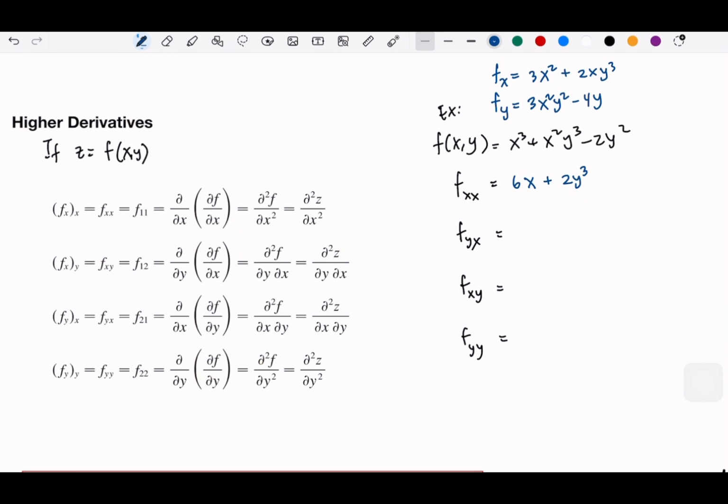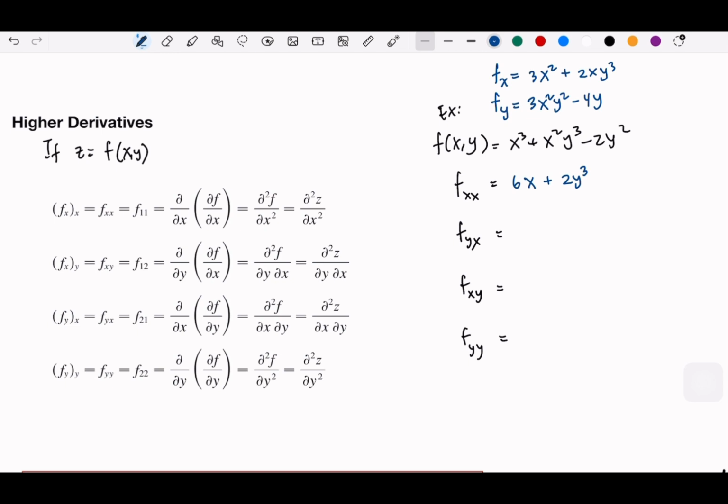Okay, let's continue. So the next partial, we have partial yx. It means that we start from partial y and then take another partial with x. So we are going to derive our fy with respect to x.